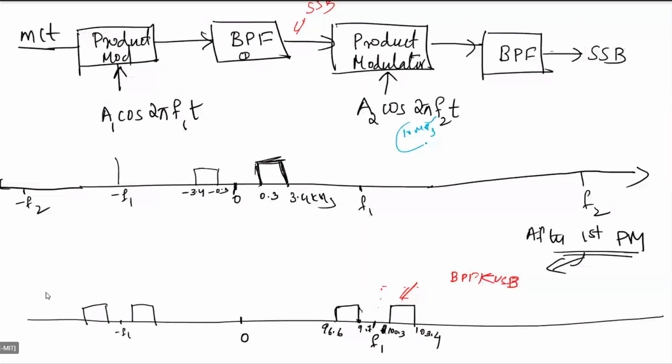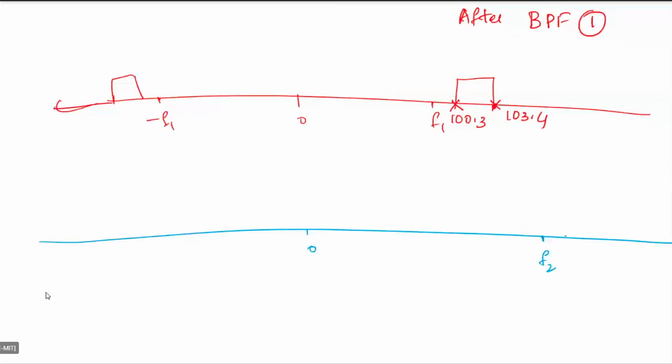So here the output will be 10 plus and 10 minus. After that the band will be 10 megahertz plus 100.3 kilohertz, and this point is 10 megahertz plus 103.4 kilohertz. So do it accordingly.